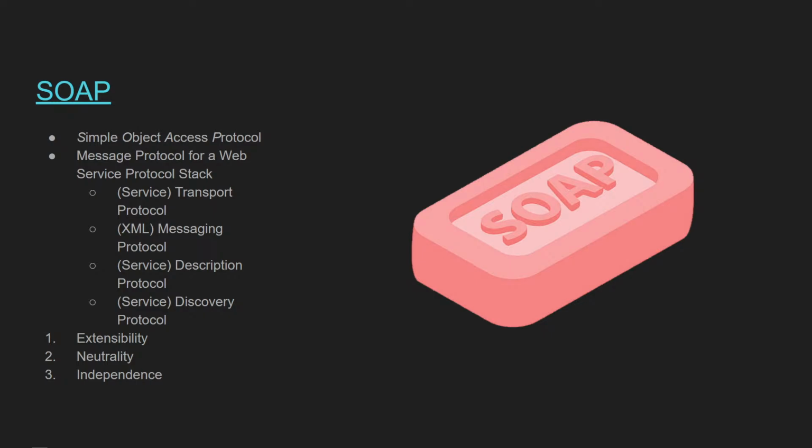So one of the cool things about SOAP is that you have extensibility. What we mean by extensibility is that XML doesn't have a really standard, like, oh, the data has to be like this. That's not really what XML does. XML just structures how your data looks, but you can define what that structure is.